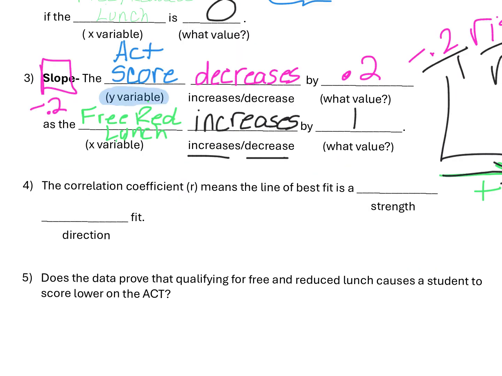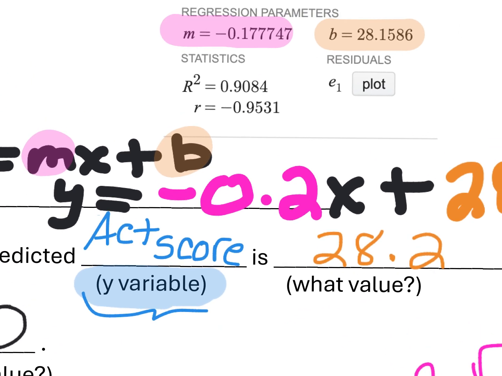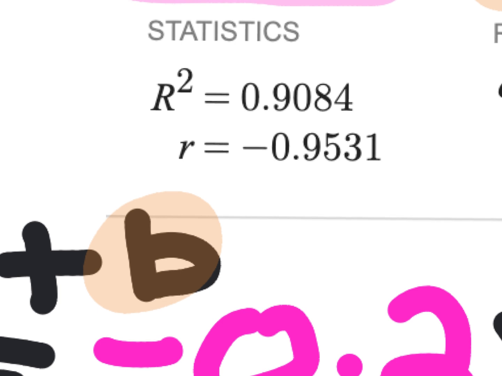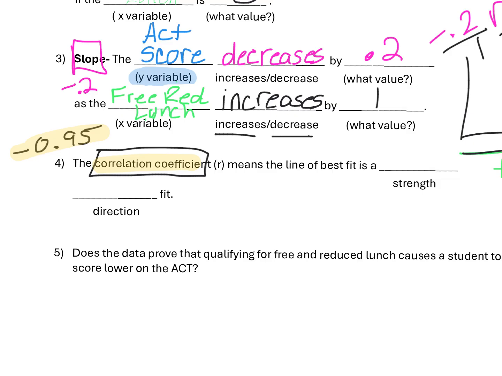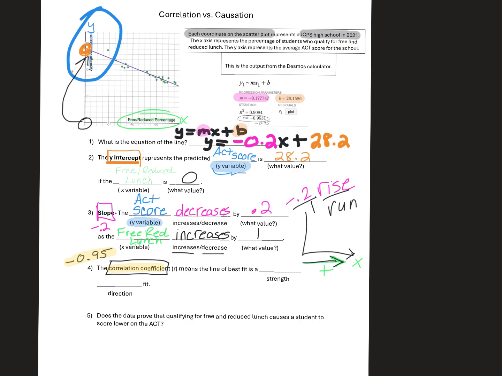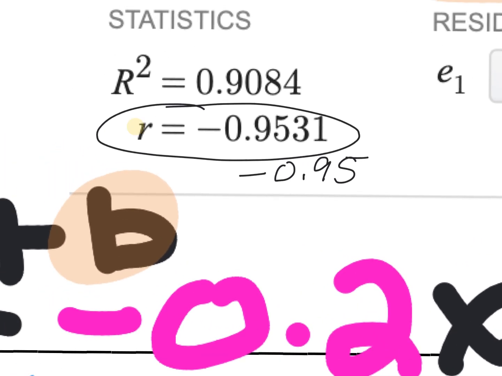Now let's look at that correlation coefficient. To get that, I need to go back up to my output table. Remember, we used the letter R to represent the correlation coefficient. I'm going to round this to negative 0.95, and I got it from the R in my table.